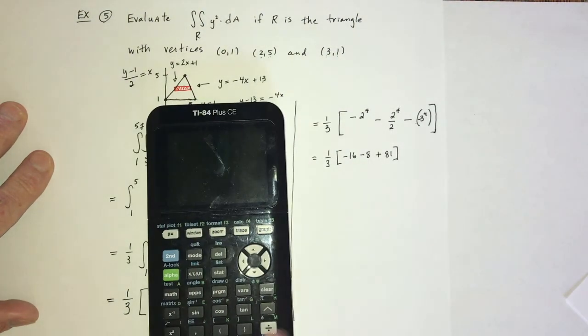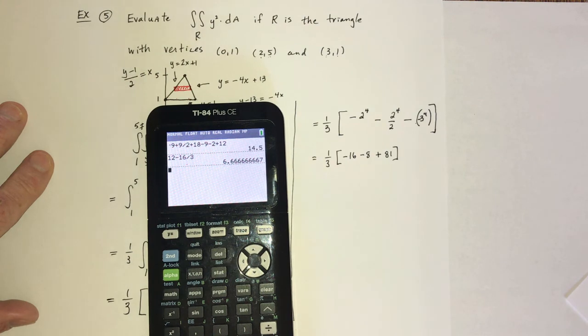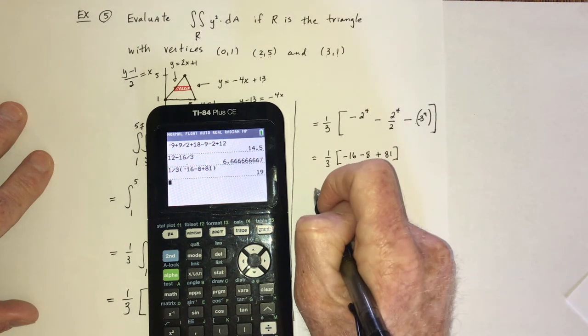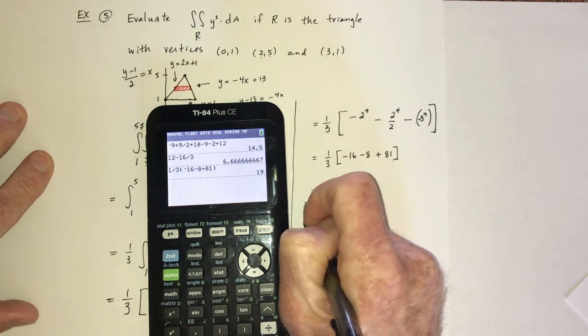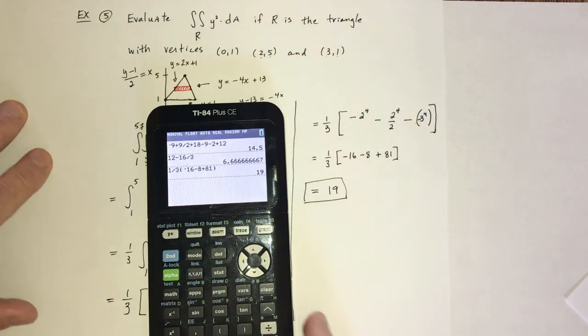So then how much is 1/3 of a negative 16 minus an 8 plus an 81? Wow, after all that, turns out that it's just the number 19. So there's the volume.